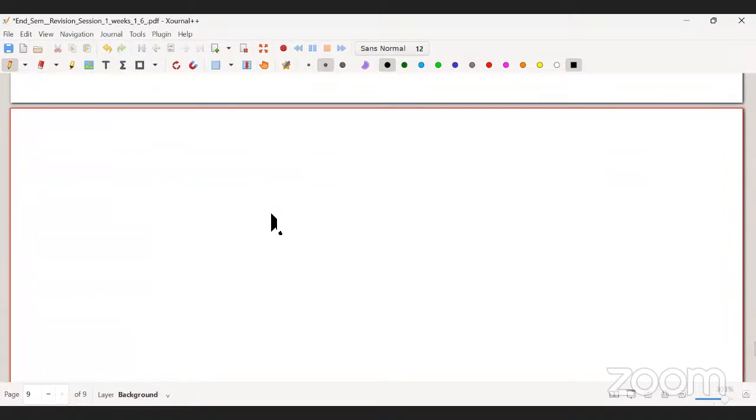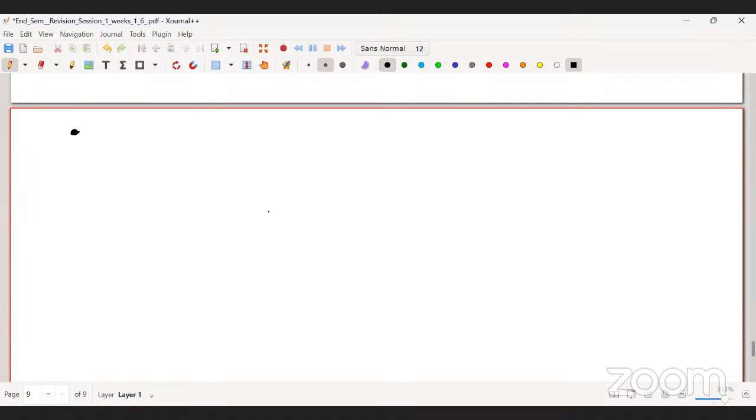Okay, so before going into this composite function, first tell me how we can get the composition of two functions.